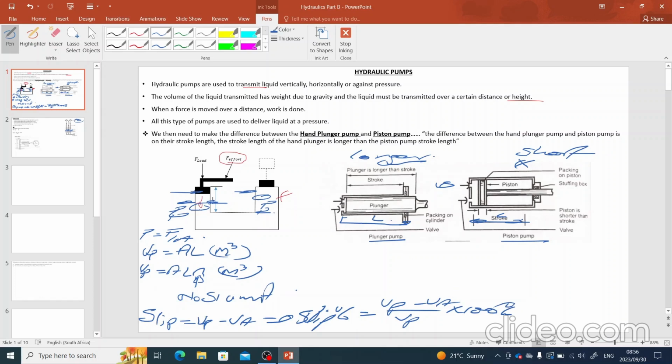Right. Now, that which we did on the hand plunger is exactly the same as on the hydraulic pumps, looking at the piston. It's like you are dividing this application into two. This side now becomes the piston side. It is driven by a pump motor.